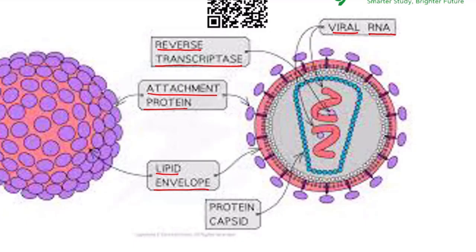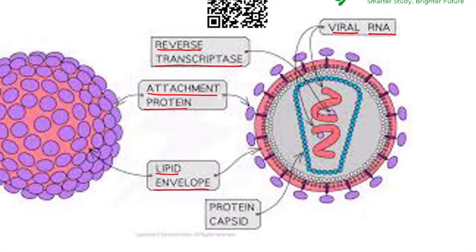It's carrying a cell membrane that your immune system recognizes. So if it's carrying that cell membrane along with it, it's not going to be recognized as foreign, and an immune response is not going to be triggered. That's the purpose of the lipid envelope.